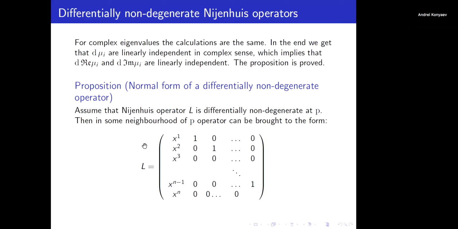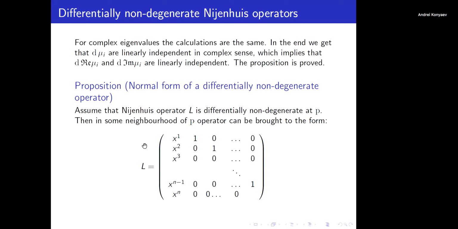It looked really nice. And it turns out that around every differential non-degenerate point, which is important, it might be regular, it might be singular, we have these good coordinates, right? So we have this formula, and we need to prove that a Nijenhuis operator can be brought to this form.